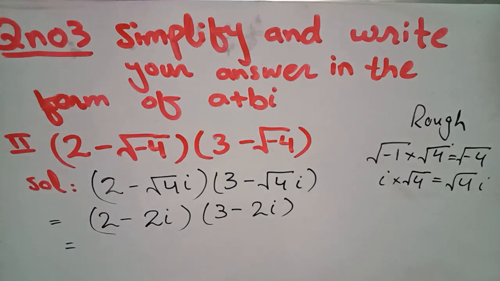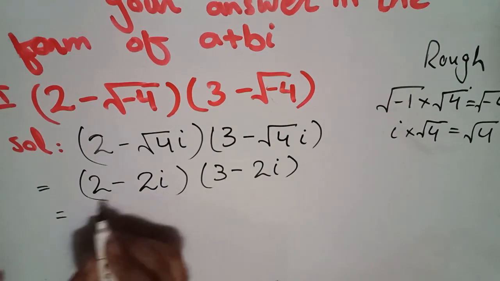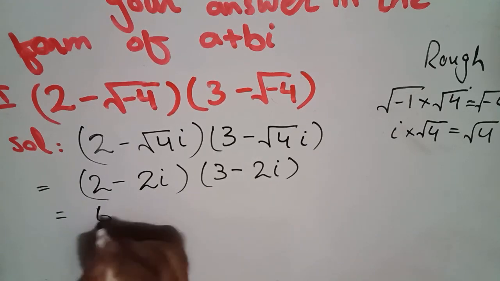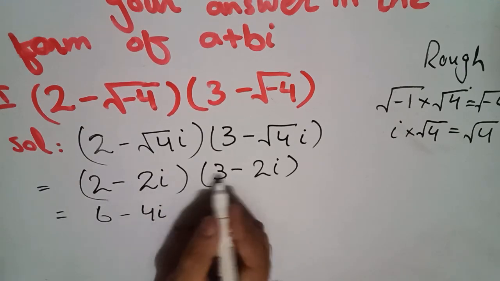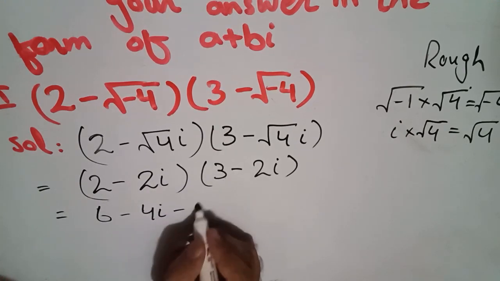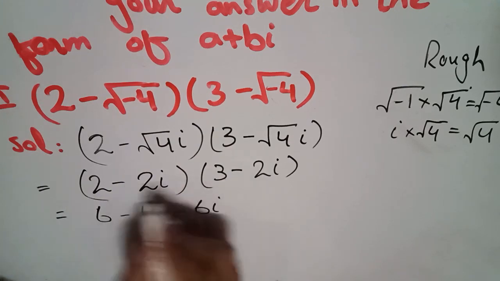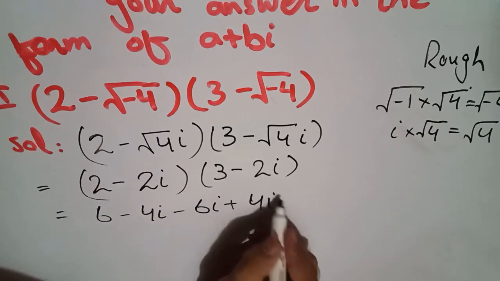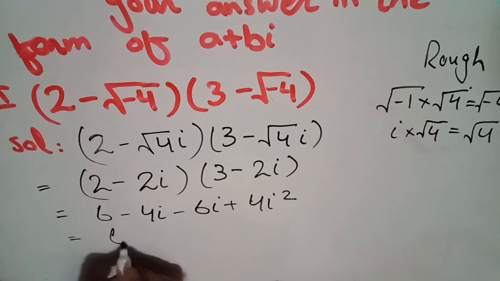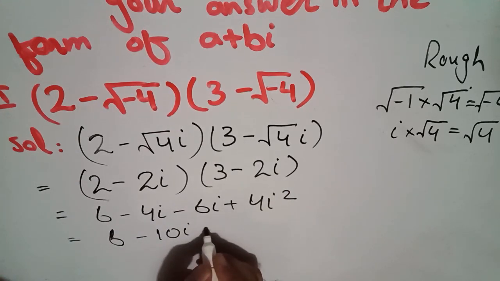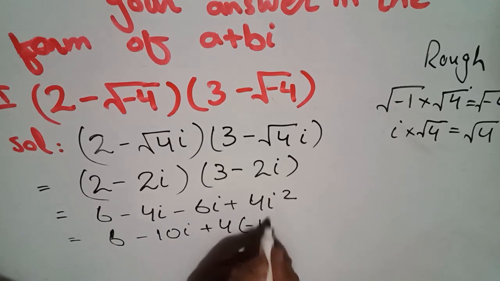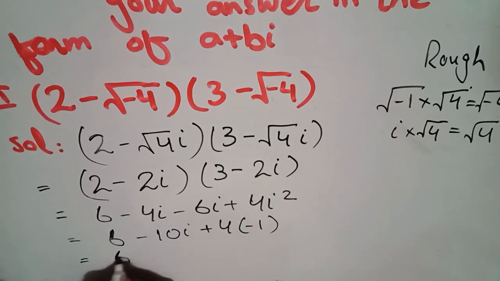Now you will multiply easily. 2 multiplied by 3, that will be 6. 2 multiplied by this 2, that will be minus 4 iota, and this 2 will multiply with 3, that will be minus 6 iota, and minus minus plus, 2 2s are 4 iota square. 6 minus 6 and minus 4, minus 10 iota, plus 4 iota square is equal to minus 1. 6 minus 10 iota.